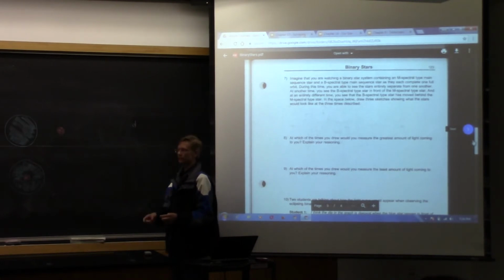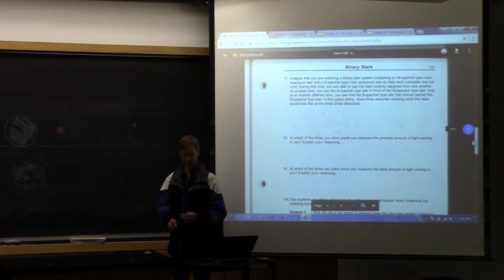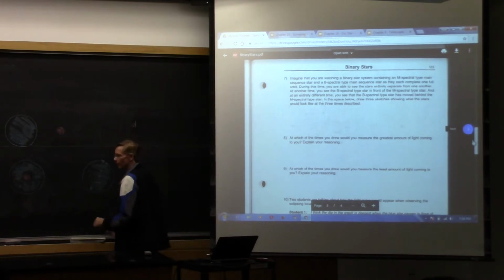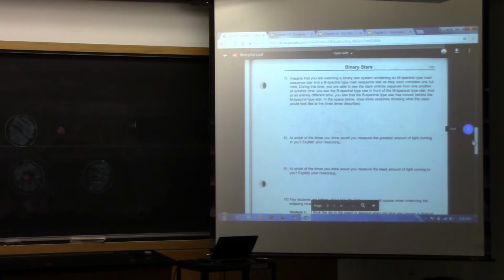And then that's one of the types of eclipses. What will it look like in the other type of eclipse? You only see the blue star because the red star goes behind it, right? So at some other point, you'll only see the blue star. So this is going to be a situation where you see them both.